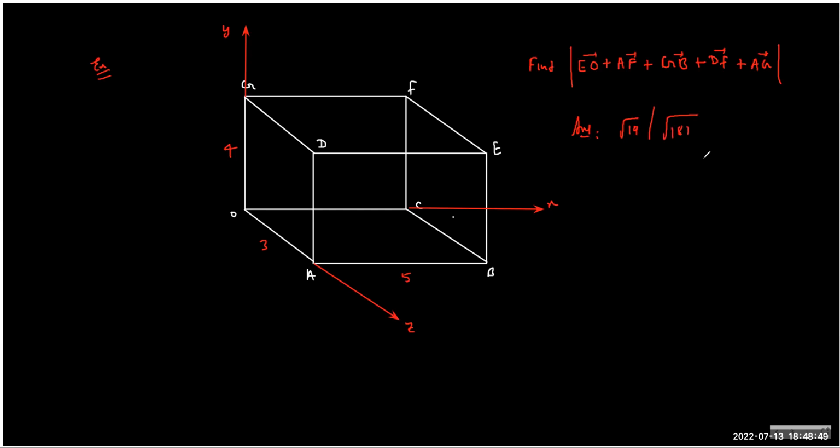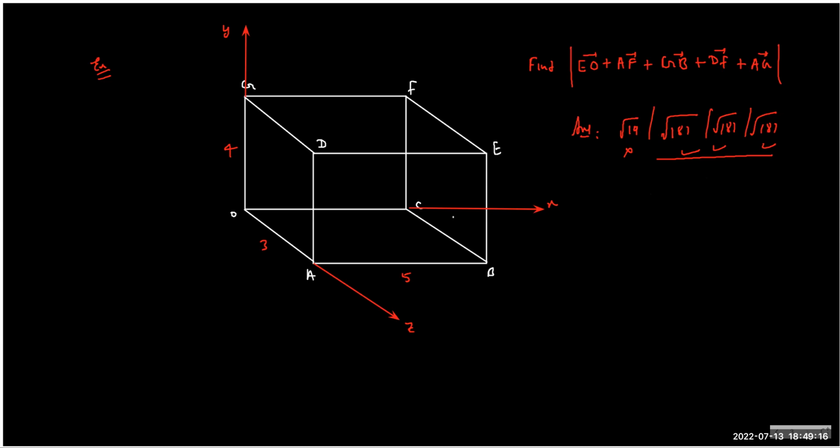Sir, I'm also getting root 181. So I think that looks like a promising answer. Everyone is getting 181. Is anyone getting something different from 181? Sir, can you show it once?